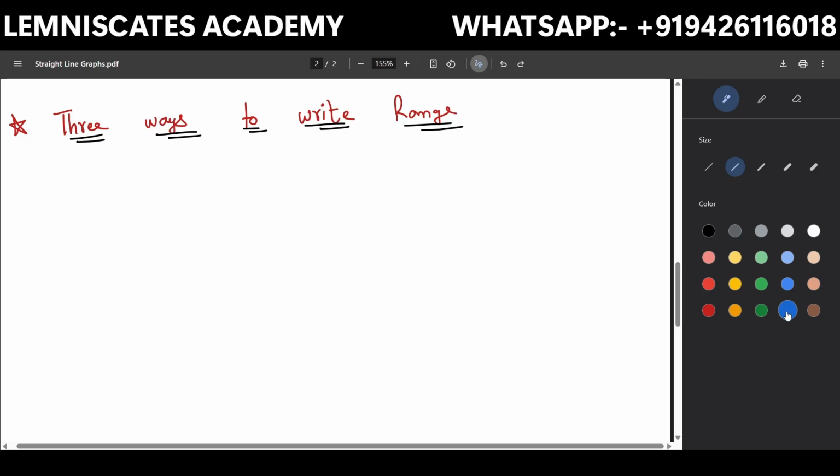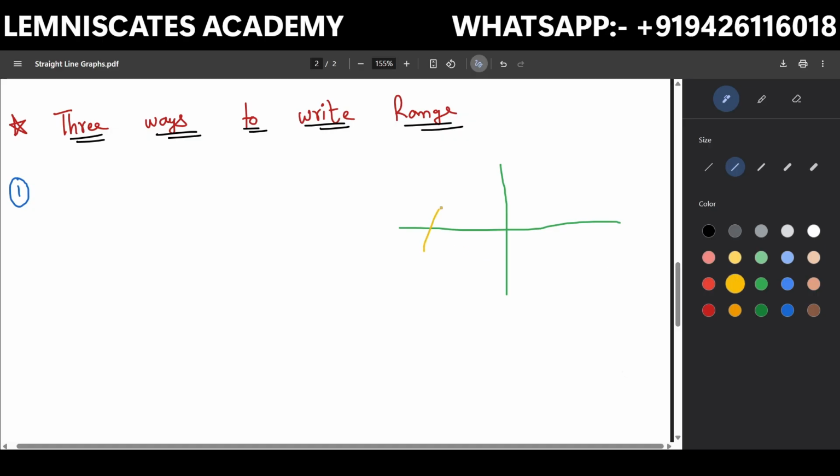For that, I'll need to draw some graph. Let me give a heading that this is the first type that you are looking into. The graph I'm going to draw right now is just a random graph. My main aim in this video is not to teach you graphs, but once the graph is given, and you have identified the minimum and the maximum values, how to write your range.